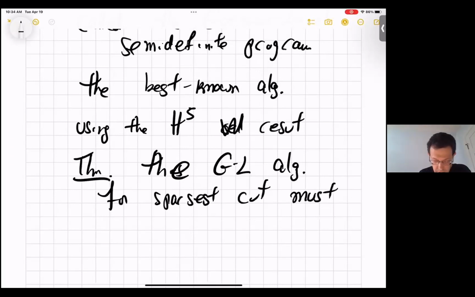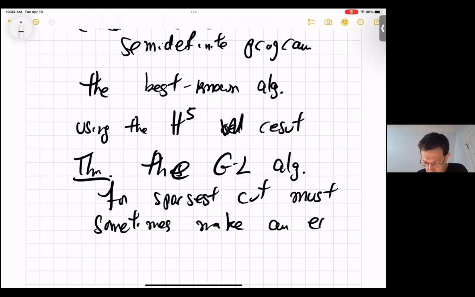must sometimes make an error of a universal constant times root log n.